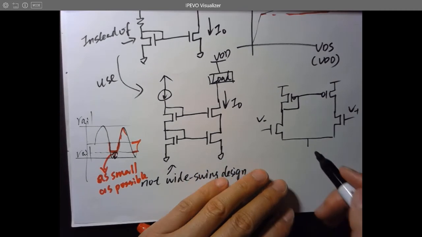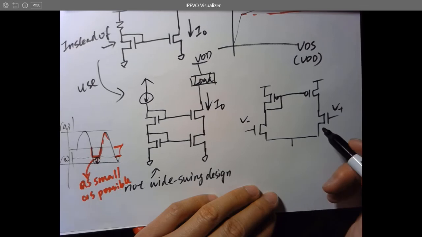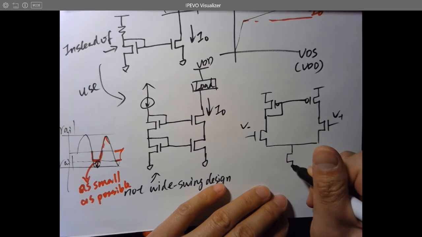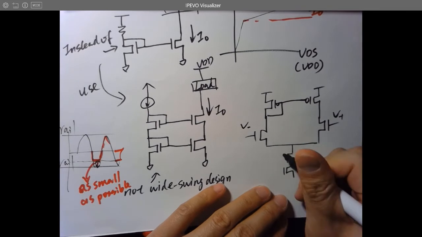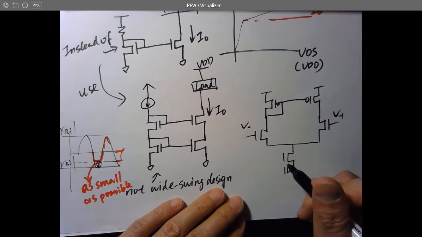And the current source, right now, remember, to make it practical, you cannot put a current source into the IC chip, right? So the current source has to be a current mirror. Because we want to increase the output resistance, we have a cascoding current mirror.